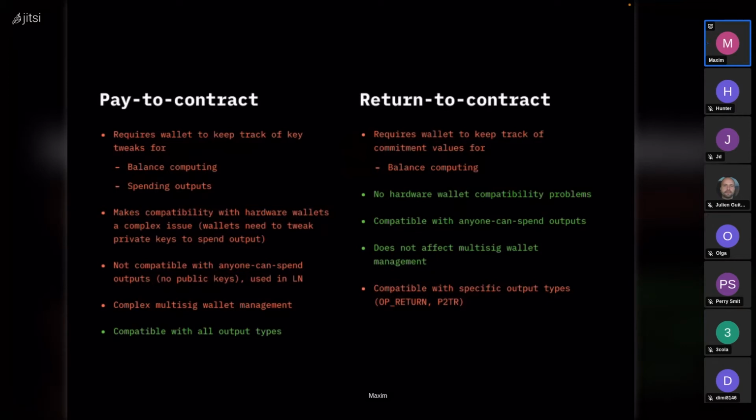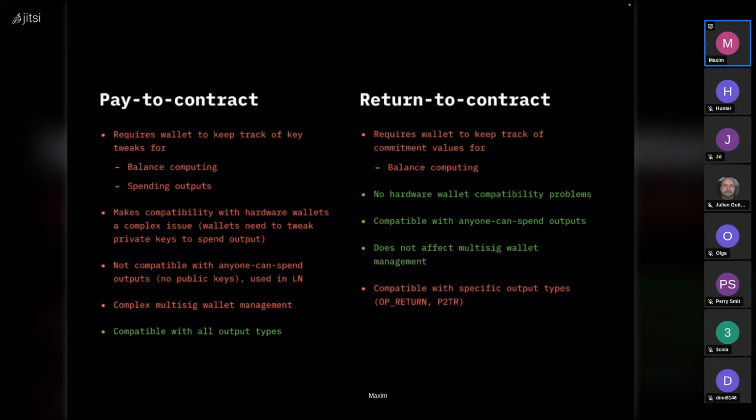As for the return to contract options, which are OP_RETURN and Taproot-based OP_RETURN, we still have to track the values of the commitment we add to the output, but we need that only for balance computing and not for spending, because we do not spend the OP_RETURN output, or we do not spend the Taproot output via the script branch containing OP_RETURN. So these tweaks are never used in spending.